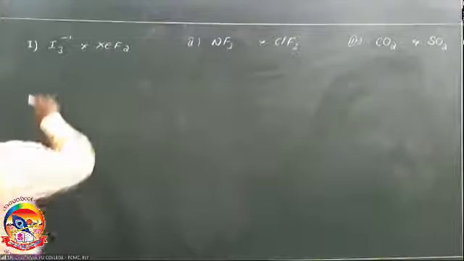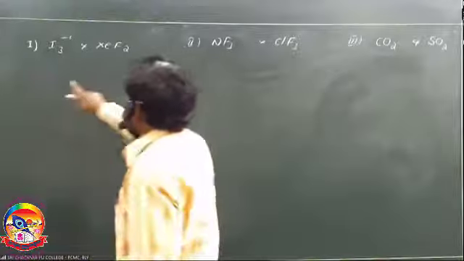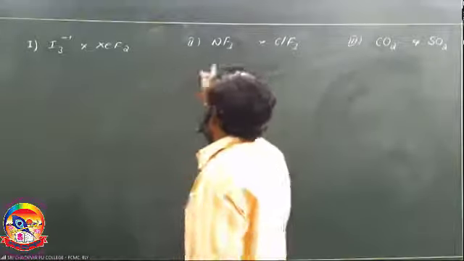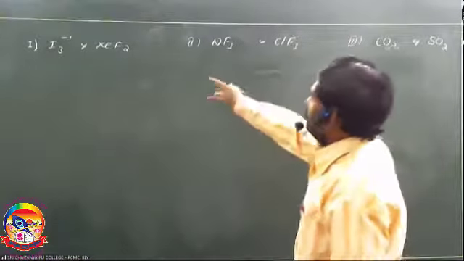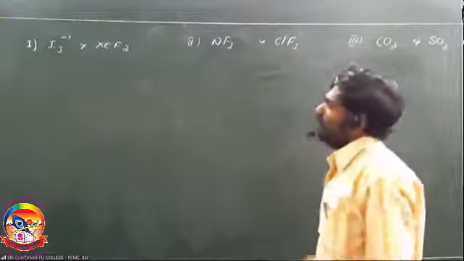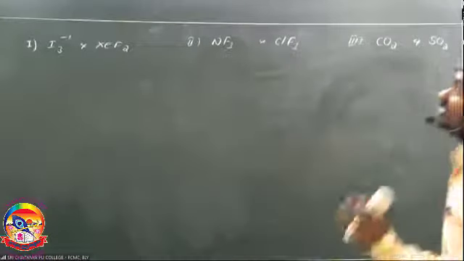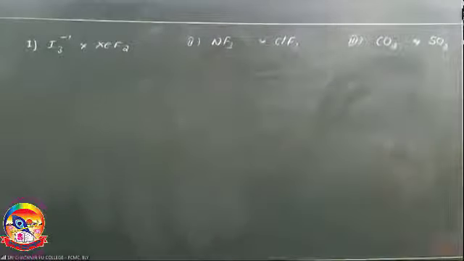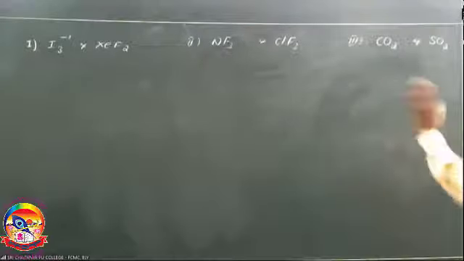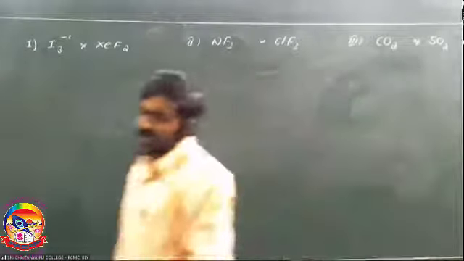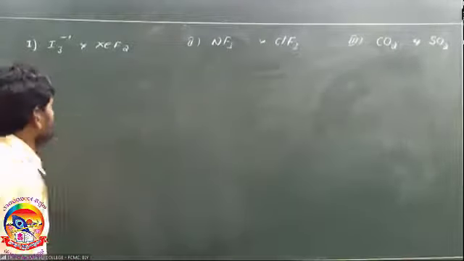The first option is only 1, the second option is both 1 and 2, the third option is 1, 2, 3, and the fourth option is none.